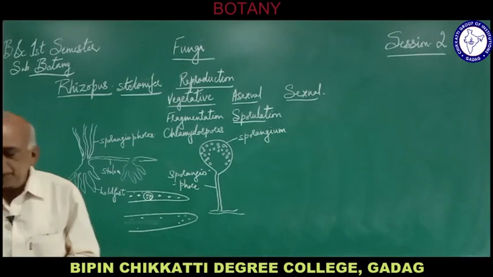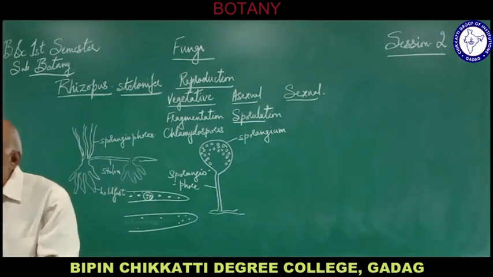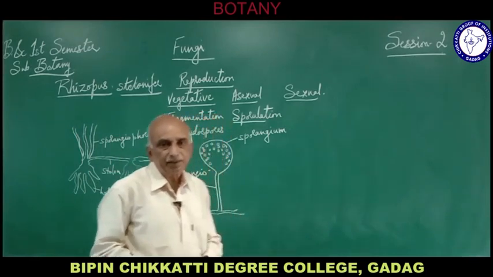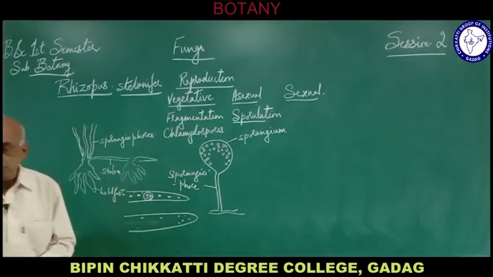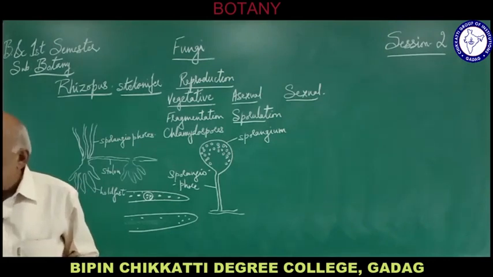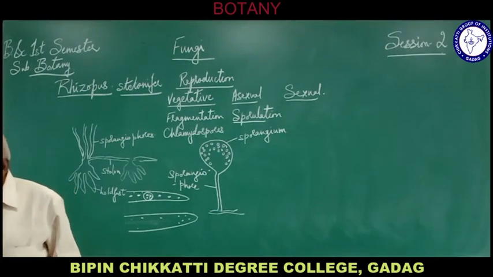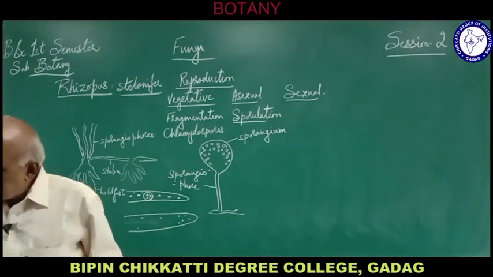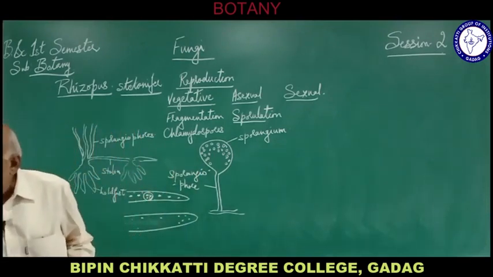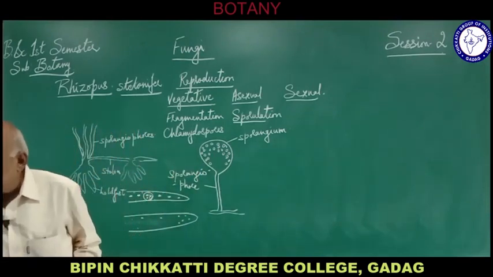Initially when the spores are not matured, the sporangium is white in color. Gradually it appears to be black in color. So the spores are multinucleate. They contain numerous nuclei, and these spores are resistant to the outer conditions.